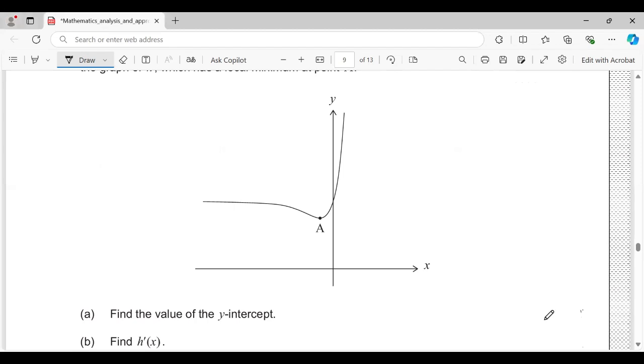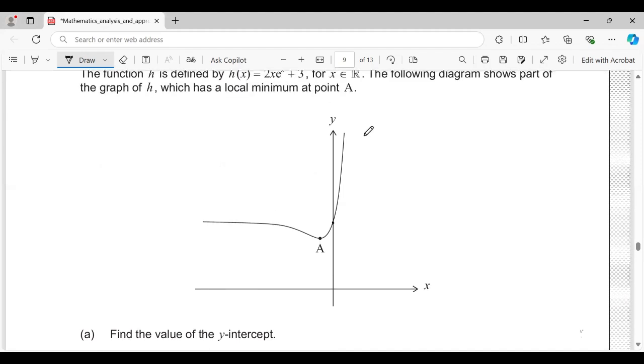Questions. Find the value of the y-intercept. So we are going to find this coordinate point, which is the intercept point between the y-axis and this graph.